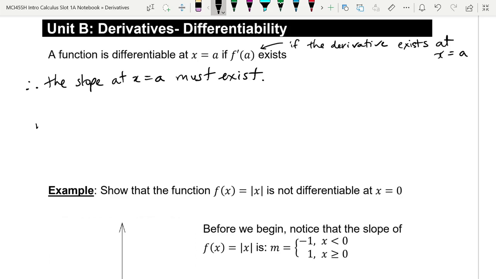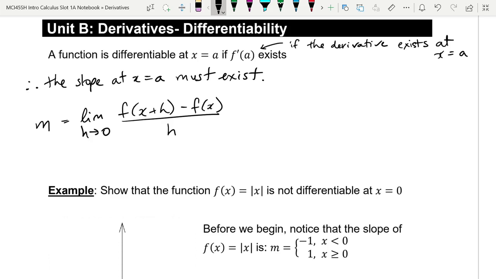The slope is the limit as h approaches 0 of f of x plus h minus f of x all over h. All right, so that has to exist when x is a.